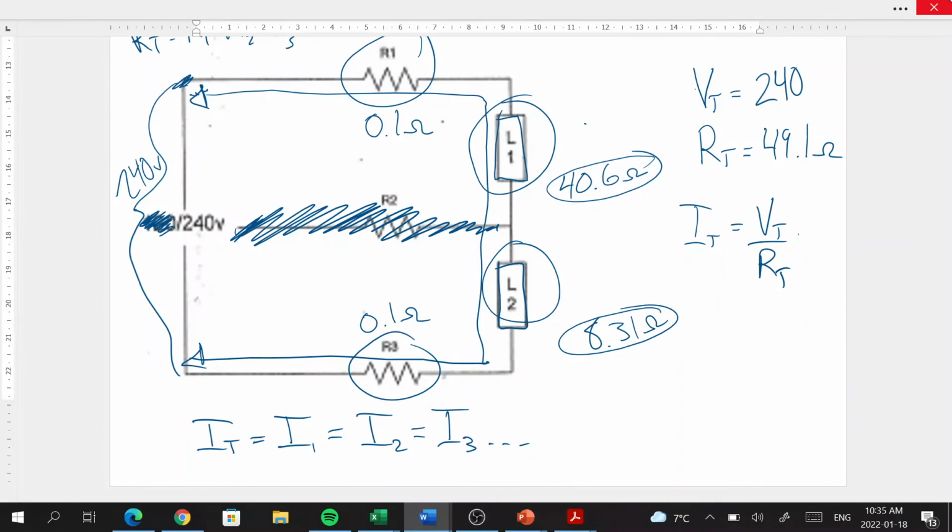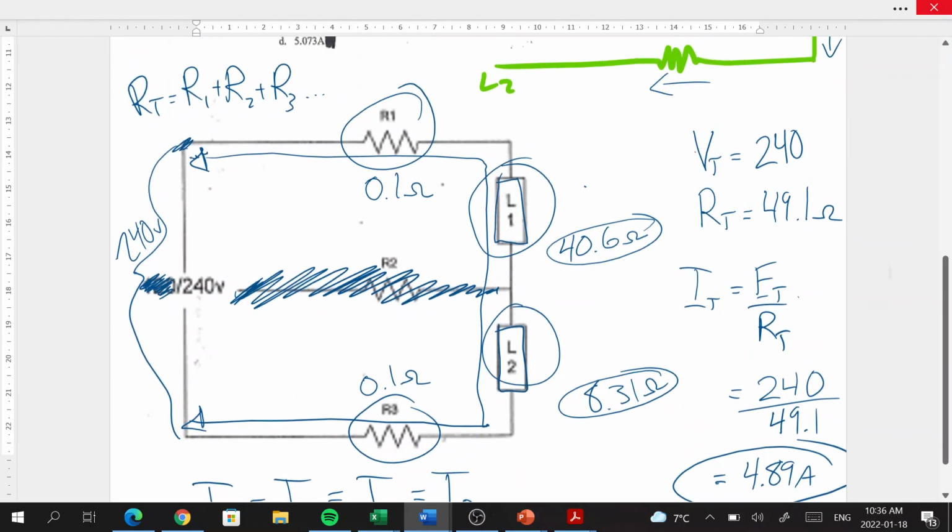Now sometimes you're going to see E instead of V for electromotive force. Alright, so in that case we have 240 volts divided by the total resistance, 49.1, which is 4.89 amps.